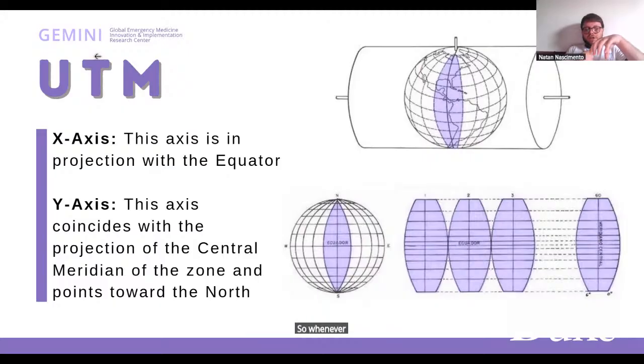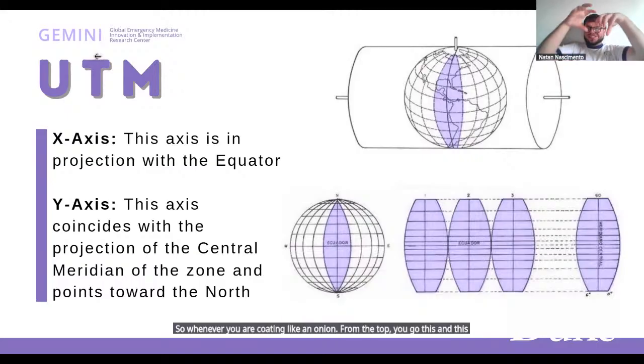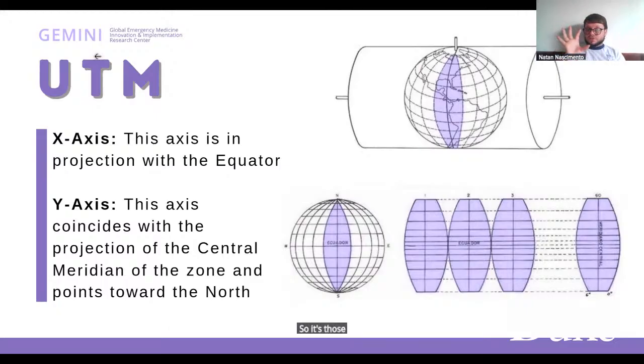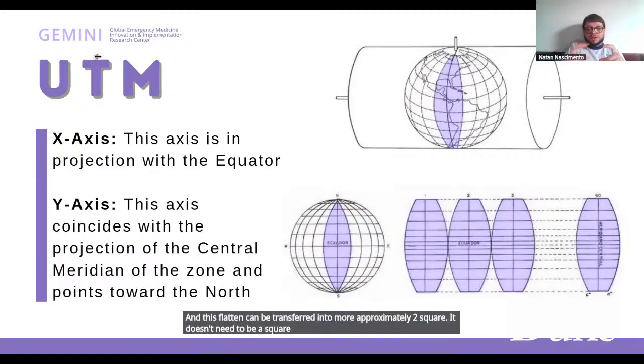Whenever you're cutting like an onion from the top, you go this and this and this and this. You create, or you can even think of an orange, those semicircles. This is what UTM does. It divides not into a square, but into pieces that can be flattened, and this flattened piece can be transferred into something more approximately a square. It doesn't need to be a square, of course, but it's something like this.